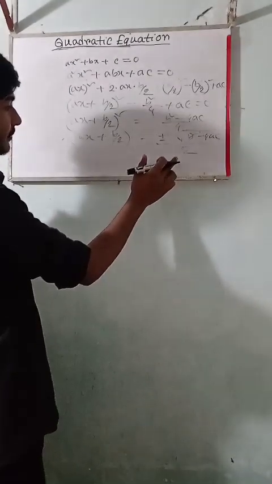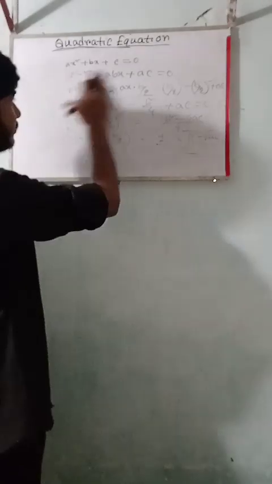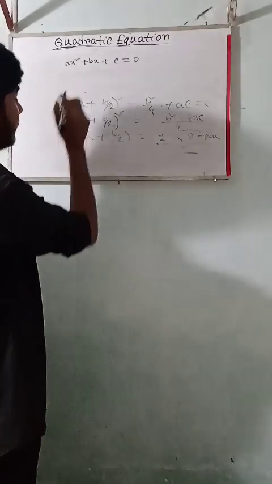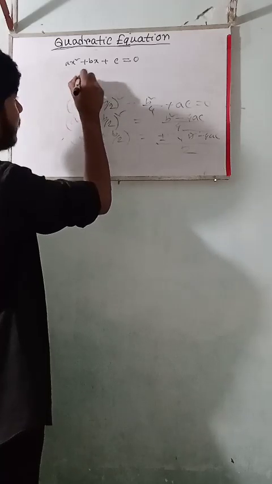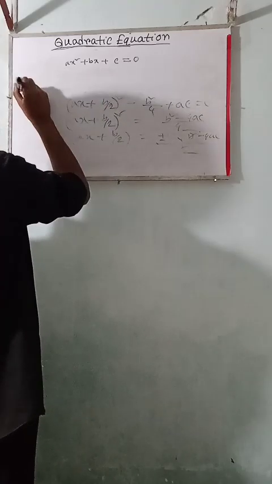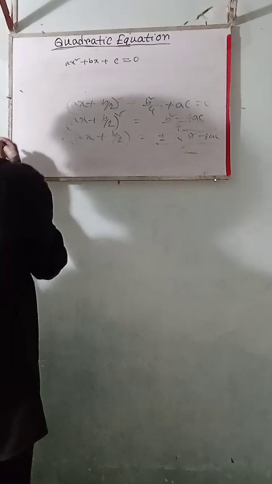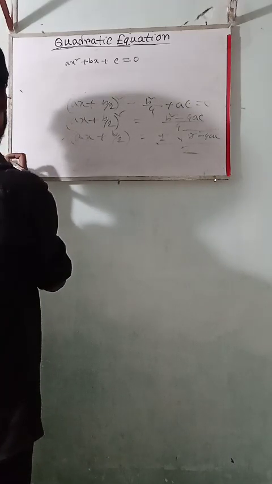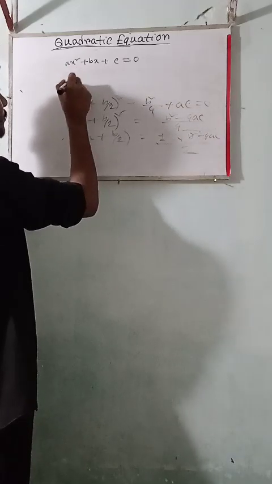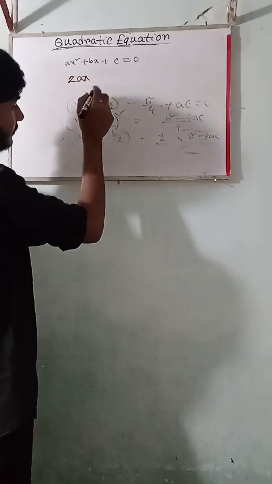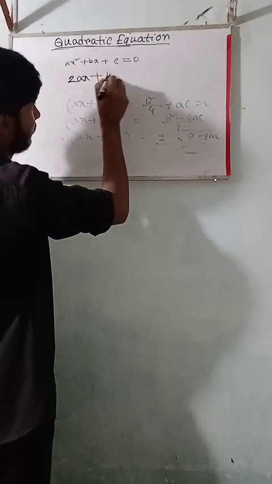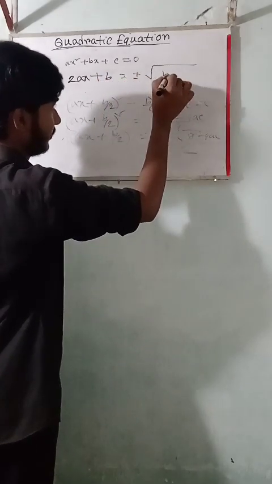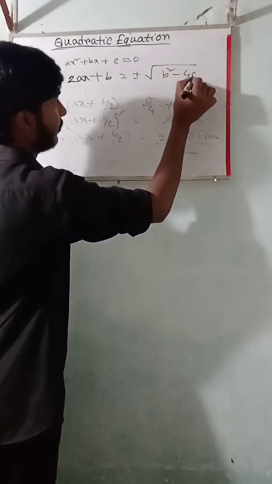And if we multiply by this 2 to this expression, then it will be 2ax + b = ± root of b² − 4ac.